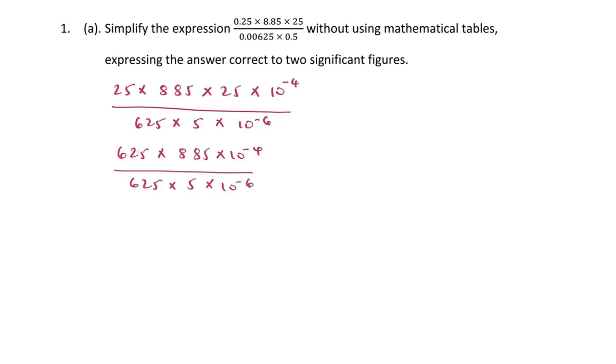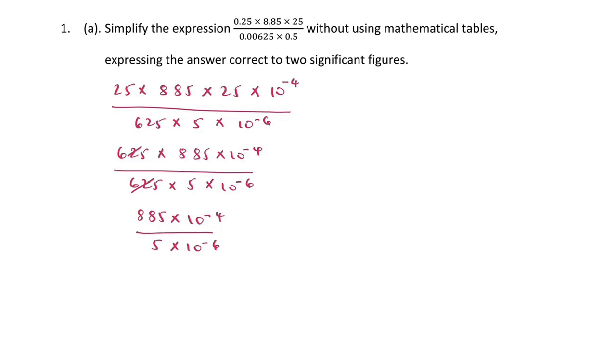Okay, so this 625 will cancel for both numerator and denominator. Then our expression is going to be 885 times 10 power negative 4 over 5 times 10 power minus 6. Okay, so now let us divide this 885 by 5, and then we are going to combine the exponential numbers.